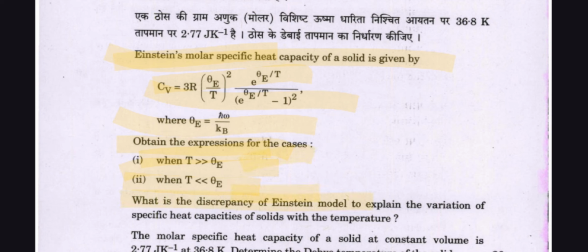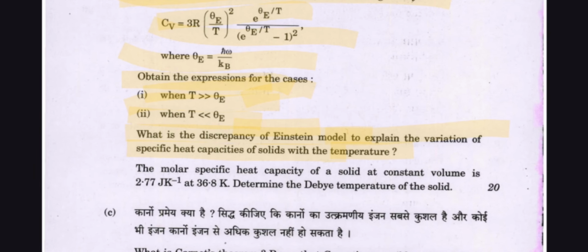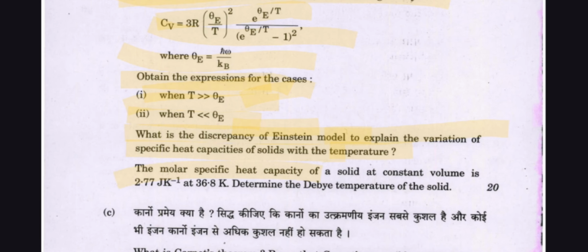What is the discrepancy of the Einstein model in explaining the variation of specific heat capacity of a solid with temperature? The molar specific heat capacity of a solid at constant volume is 2.77 joule per kilomole kelvin at 36.8 K. Determine the Debye temperature of the solid.